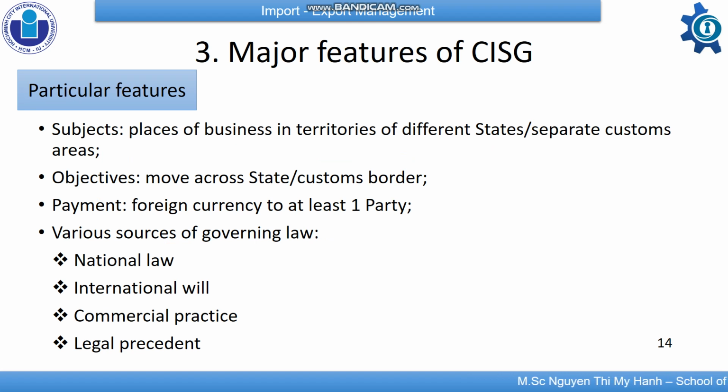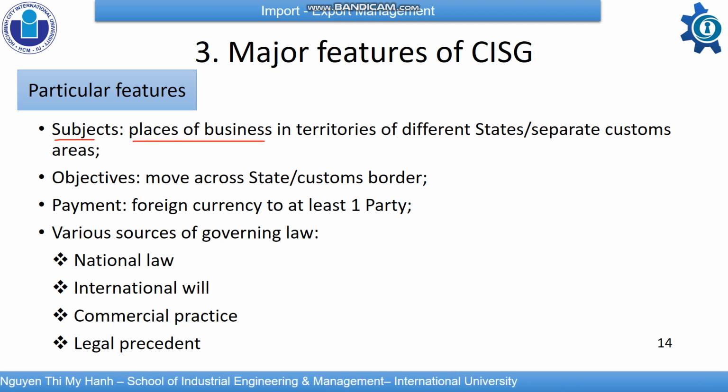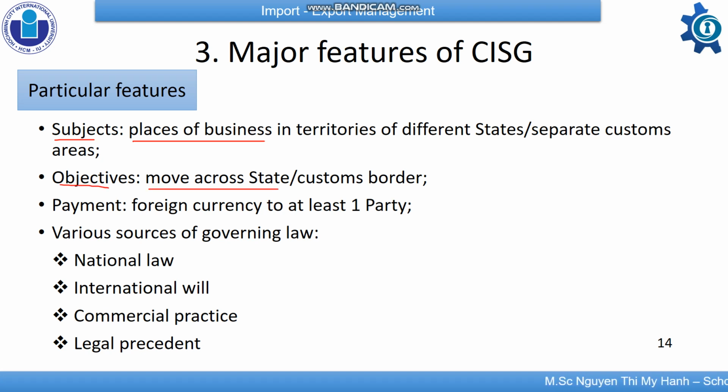Now let's go to the particular features. So the subject, the trader, has places of business in territories of different states or separate customs areas. The object is moved across states or across the customs border.